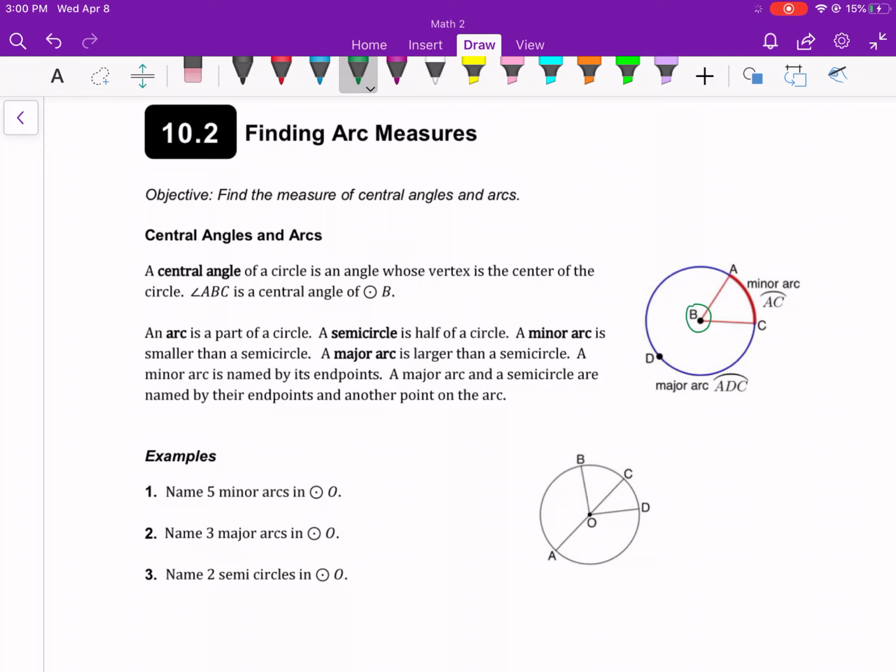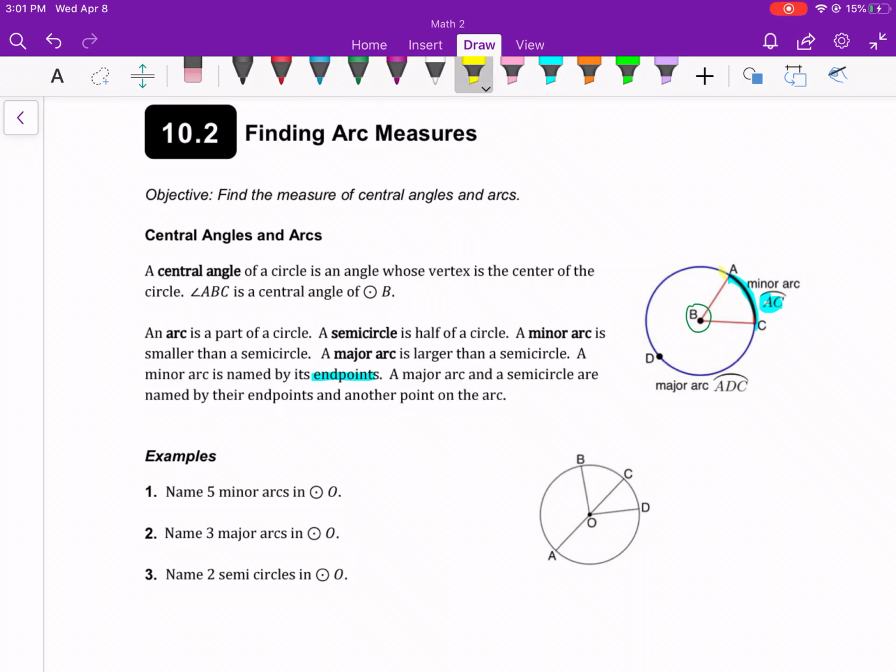Now an arc is just a part of the circle. A semicircle is exactly half of the circle, while a minor arc is smaller. They show on this picture that the minor arc right here is AC, it's smaller. When you name a minor arc, you just name it by its endpoints, so A and C are the endpoints.